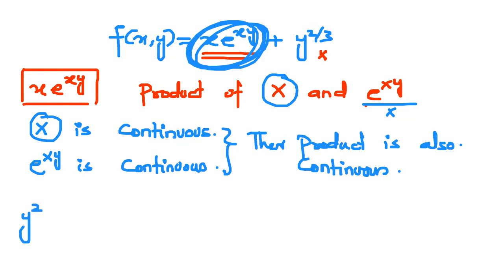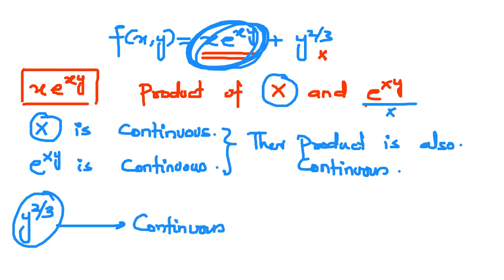Now talk about y power 2 divided by 3. Continuous means if you put any value here, it will not give you an infinite thing. So if you put 0, -1, -2, 1, 2, 3, any point, this will be a continuous function. Okay, there is no break in that.